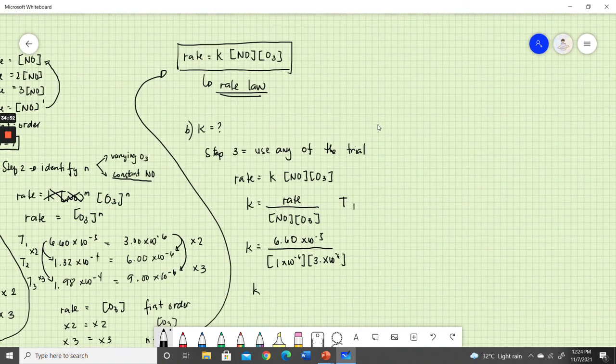Multiplying that just using your calculator, you would get that K is equal to 2.20 times 10 raised to 7, and the units for your K are liters per mole per second. Let me just rewrite this. Sorry.